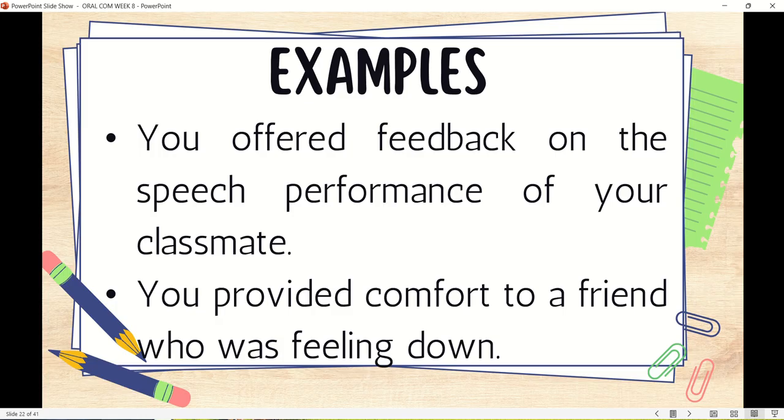You are the sender since you are providing comfort to your friend, and your friend is the receiver since he or she is listening to your way of comforting him or her. So that is for the dyad. It involves only two people in the communication.